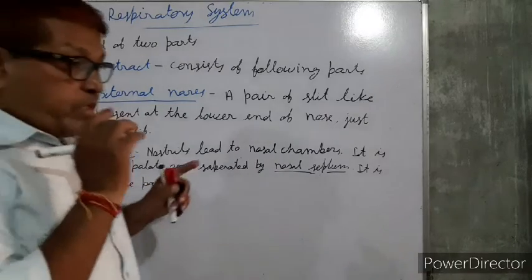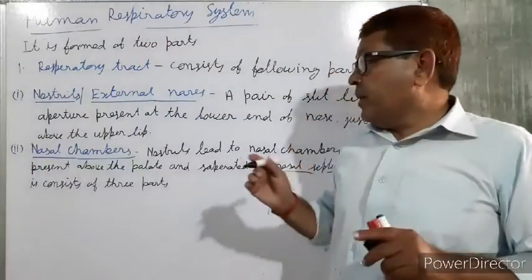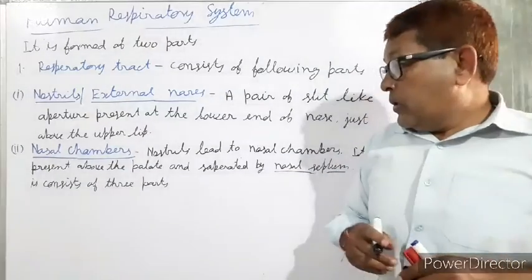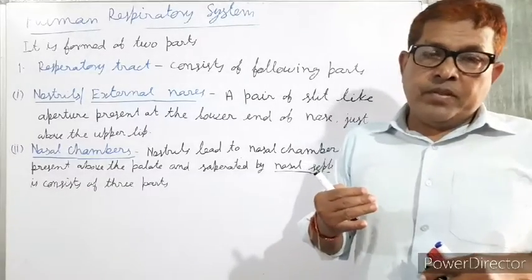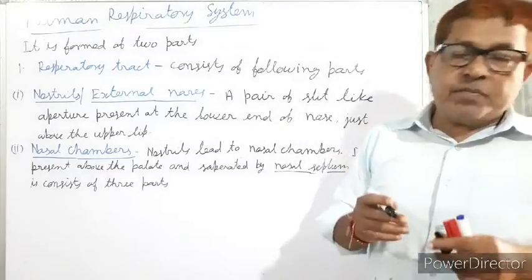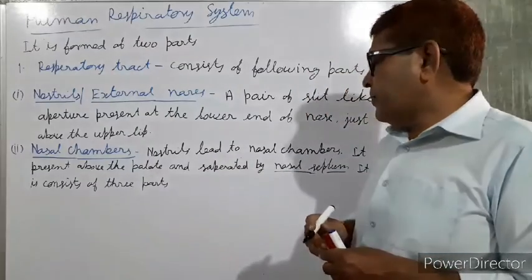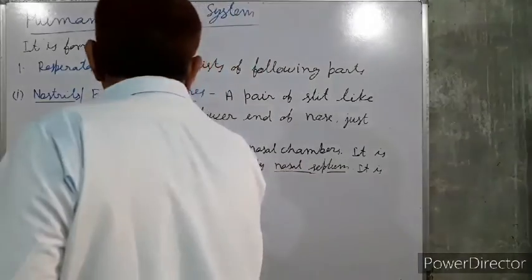So the nostril opens into a cavity or chamber, and that is called the nasal chamber. It is found just above the palate, and it consists of three parts. What are these three parts?